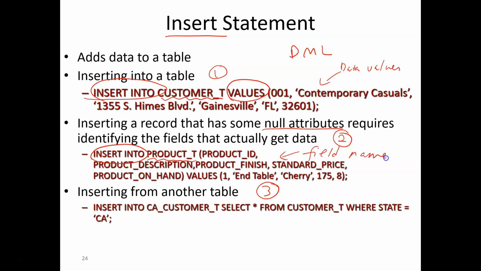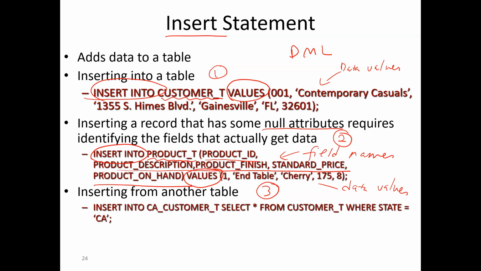So in this case, we are going to insert data into the product ID, comma, the product description, comma, product finish, comma, the standard price, comma, and the product on hand. So these are the fields in which we are going to insert data. And followed by the keyword values, right? And then followed by the data you're going to insert into these fields. So again, the order of the data must be in the same order as the fields listed here.